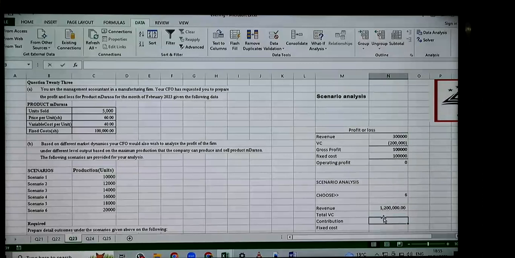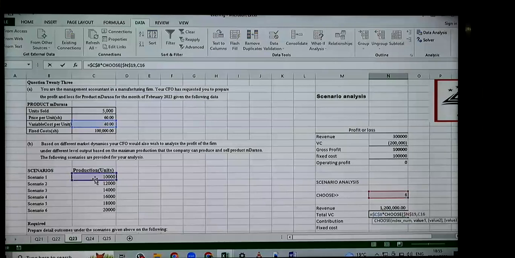So we'll go to the variable cost and we will repeat the same thing. The variable cost per unit, we take this one, press F4, multiply by, then CHOOSE function, press tab. So our column index will remain. This one will be our column index again, comma. Our first value, comma.